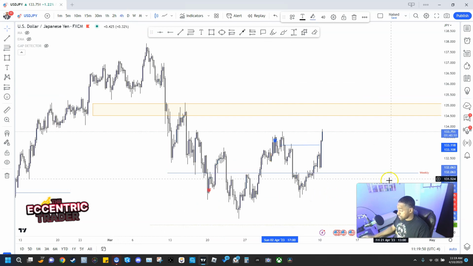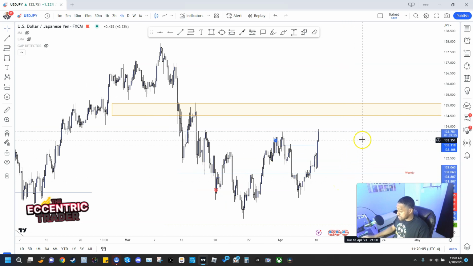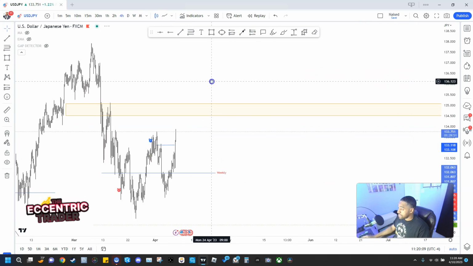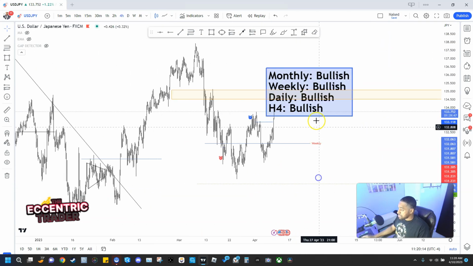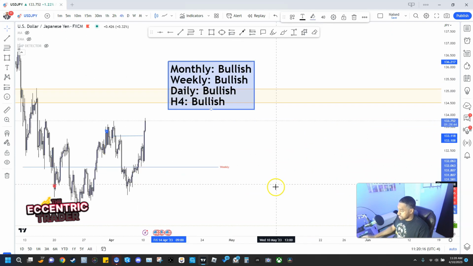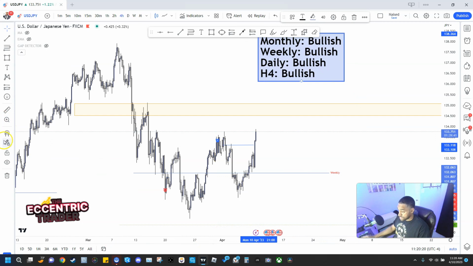H4, so yep, this is the weekly random blue line that we drew. Price did come up, came back down to test newfound support, and yeah, I would consider UJ, there it is. I would consider UJ to be bullish on the H4, because it's doing it. That's what you want to see.